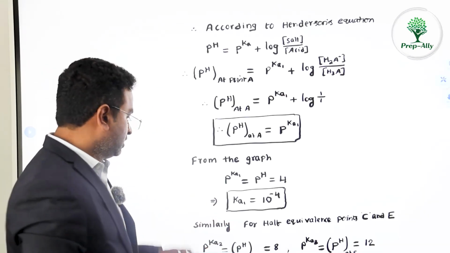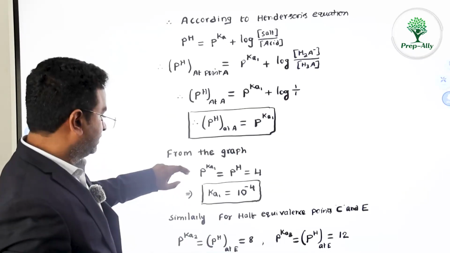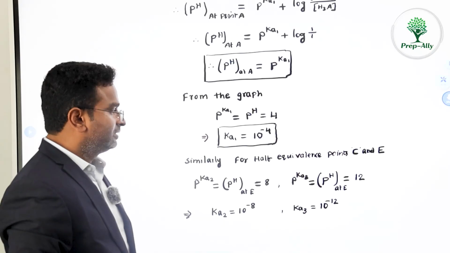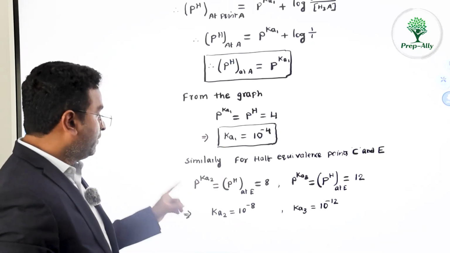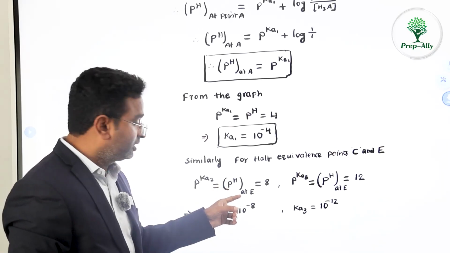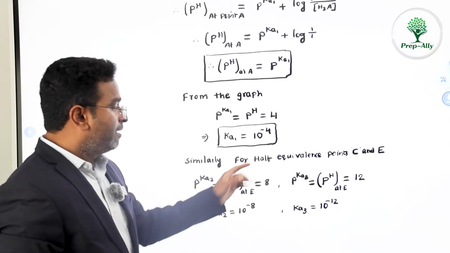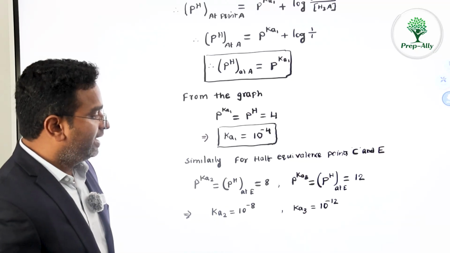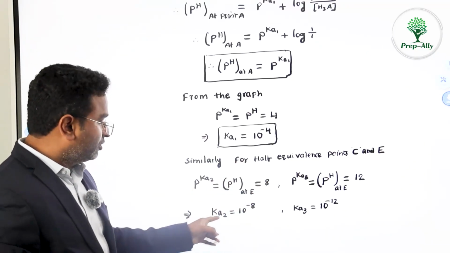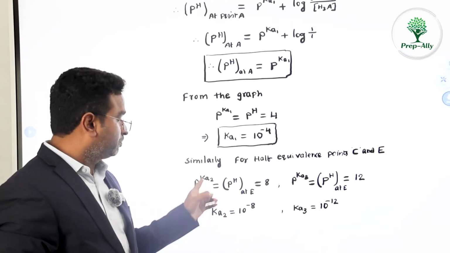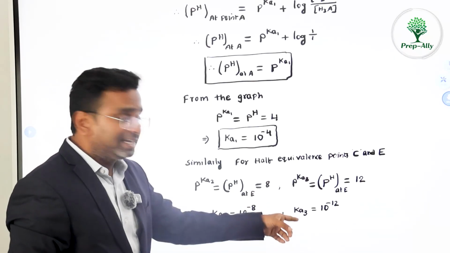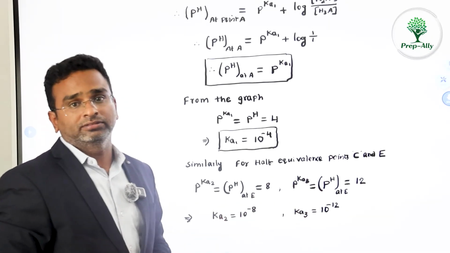Right? Good. So now similarly half equivalence points C and E, pKa2 is equal to pH corresponding to point C, that is equal to 8, and pKa3 is the pH at point E, that is equal to 12. Finally Ka2 is equal to 10 power minus 8 because pKa2 is equal to 8, and Ka3 is equal to 10 power minus 12.